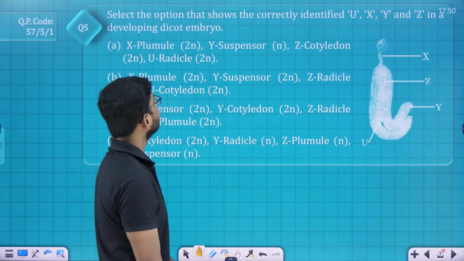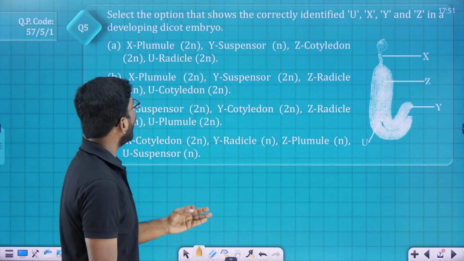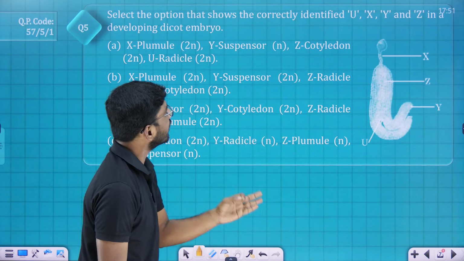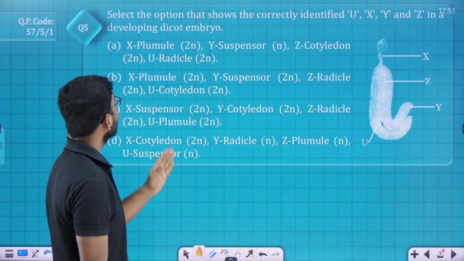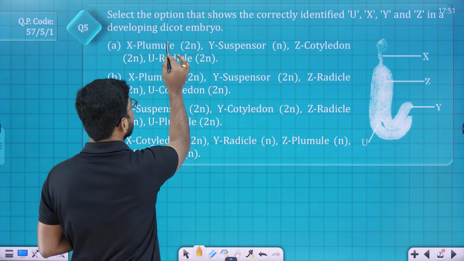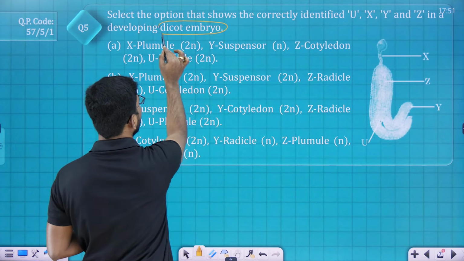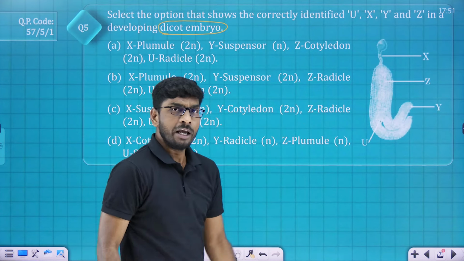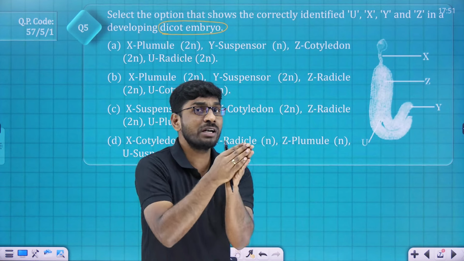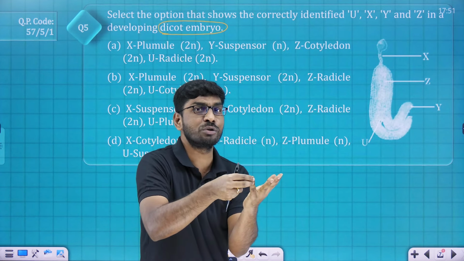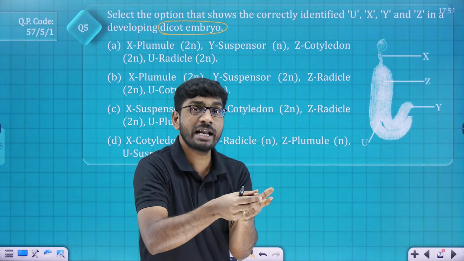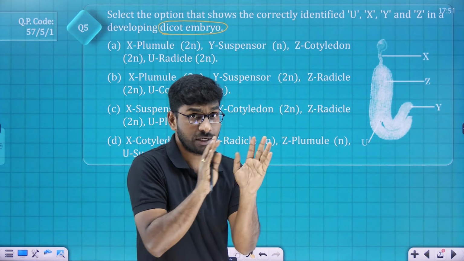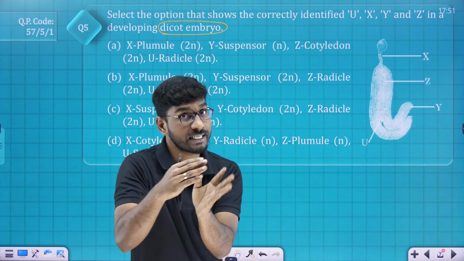Next question. Select the option that correctly identifies U, X, Y, and Z in a developing dicot embryo. They mentioned here the dicot embryo. If you recall the embryonal development process, first is the globular embryo, after that the heart-shaped embryo, and after that the matured embryo. 3 stages are there.